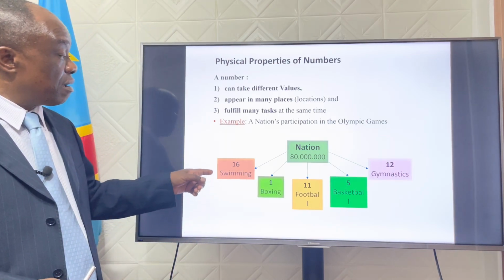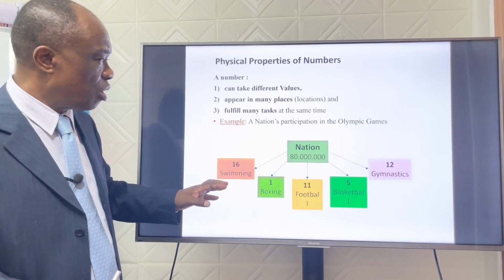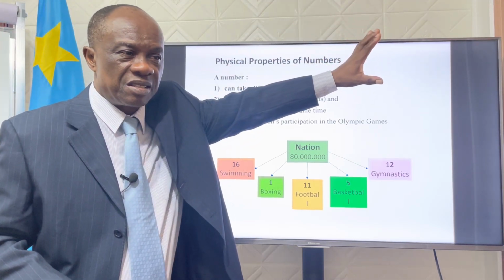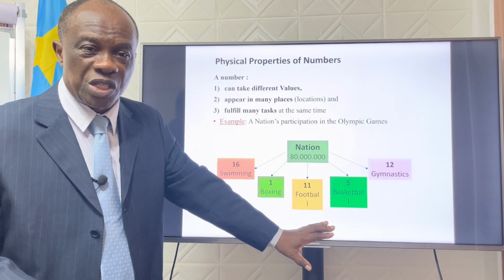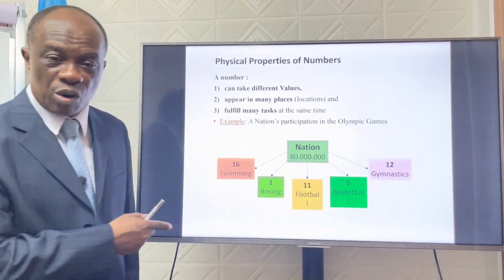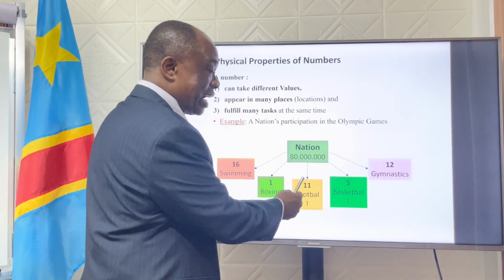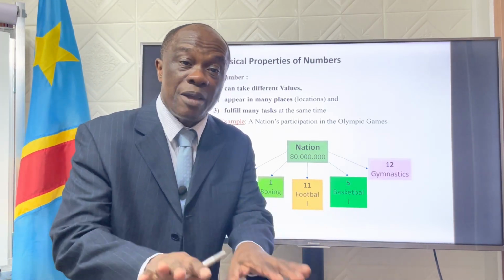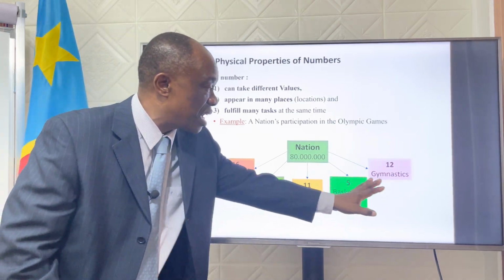Then you will hear them say, oh, there, the Philippines is winning. There, the Philippines is losing. There, we got a bronze. We got a gold. We got a silver. So all of that is playing at the same time. So a number can be in many places at the same time this way.